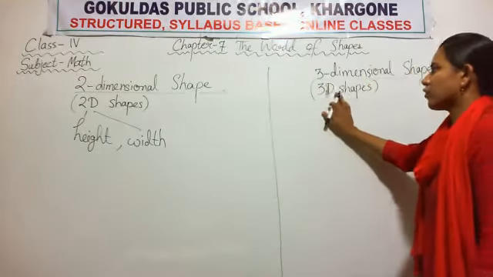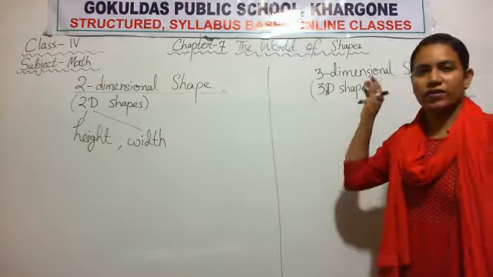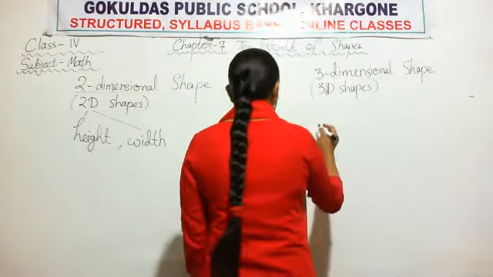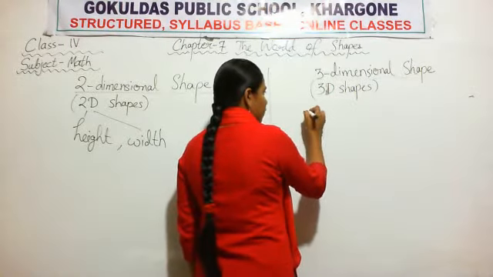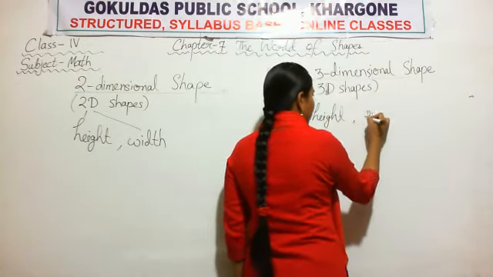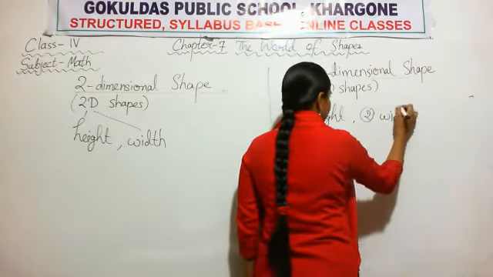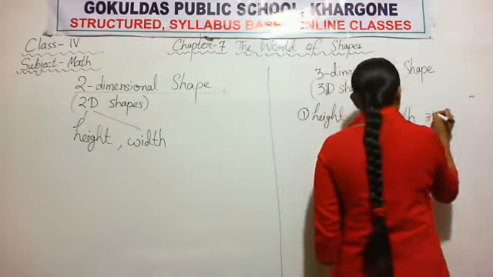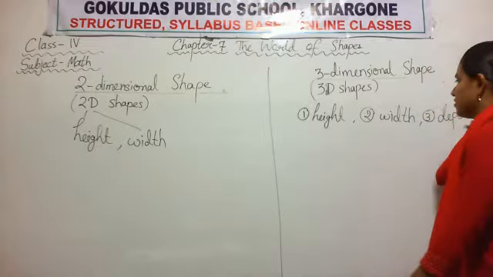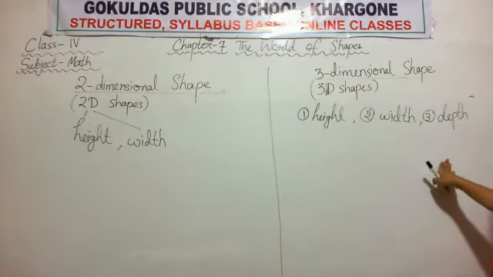Okay. Now three-dimension shape. In three dimensions, we talk about three things. First is height, second thing is width, and third thing is depth, or thickness.